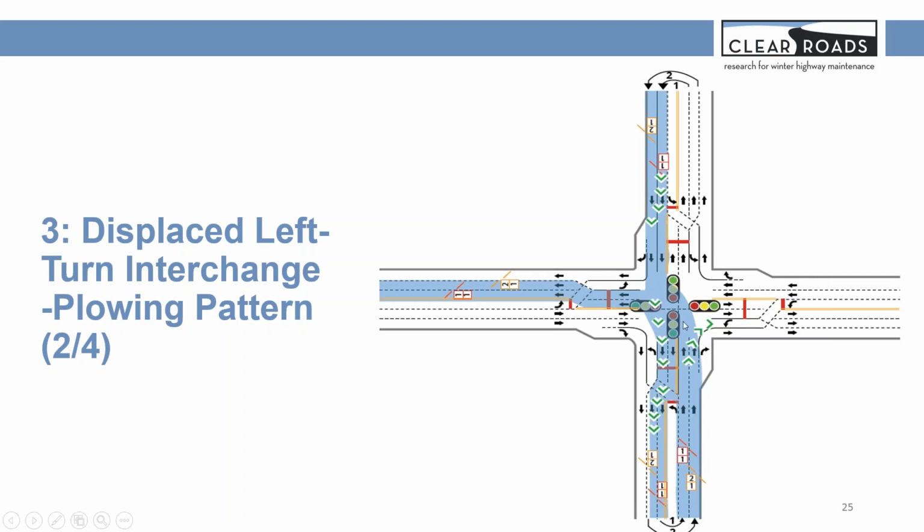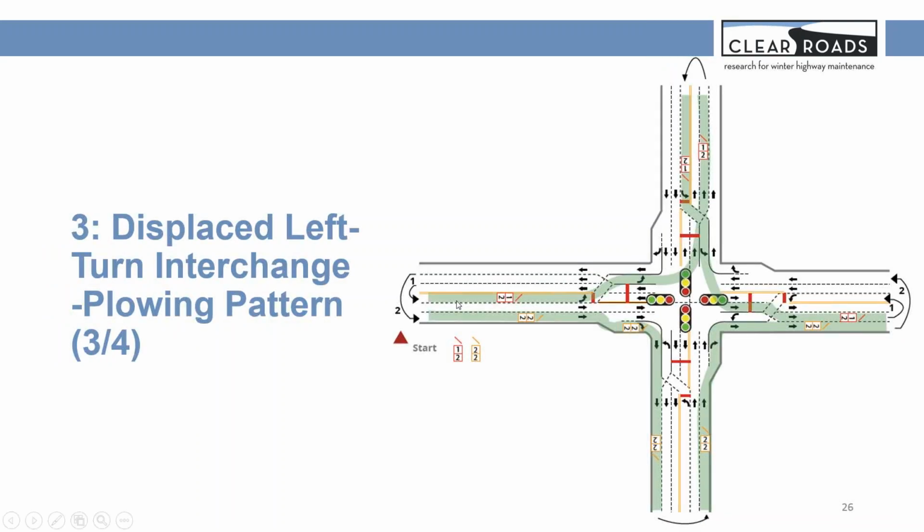This time, when they reach the intersection, they turn left to clear the left and middle through lanes of the westbound on the other side. So that finishes pass 1.